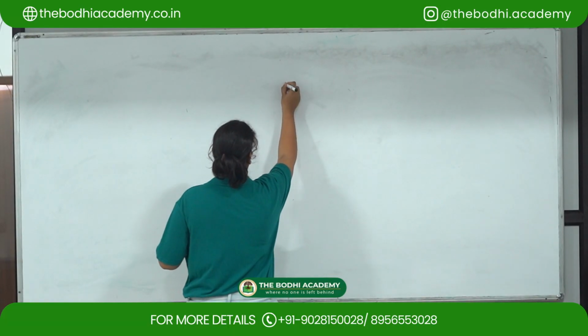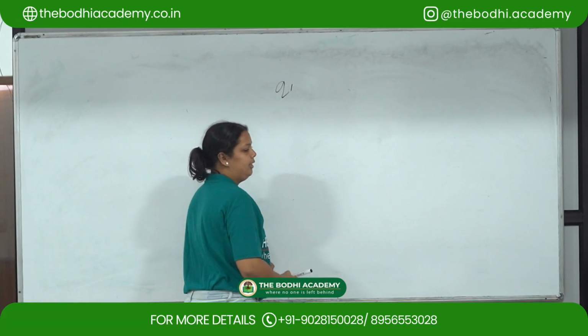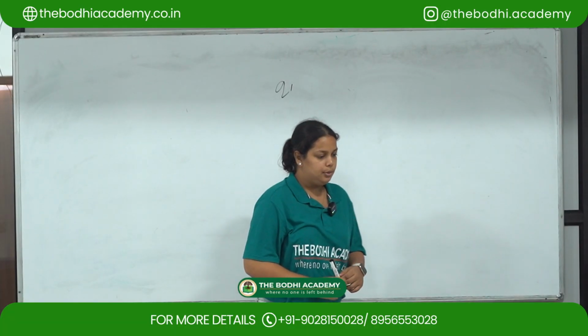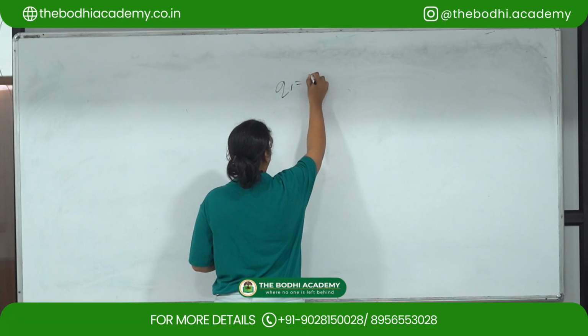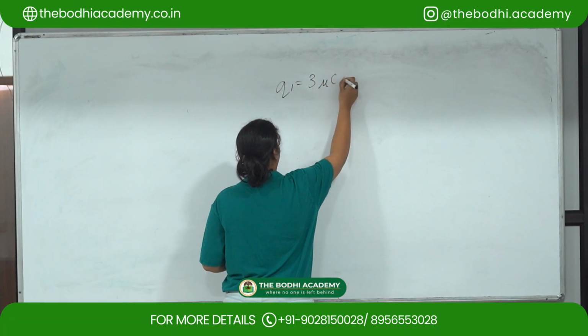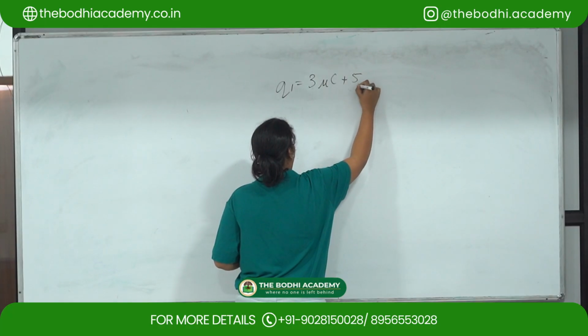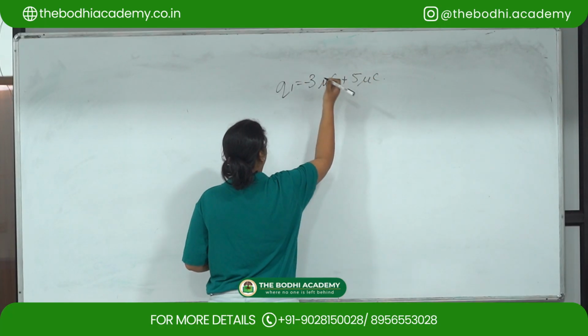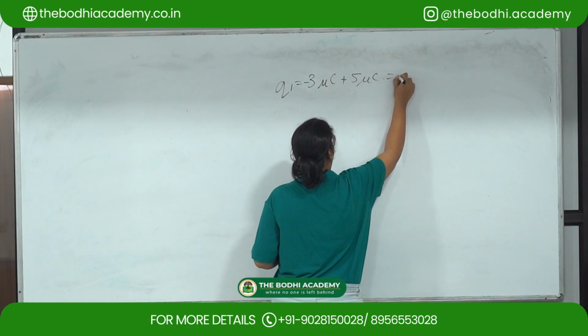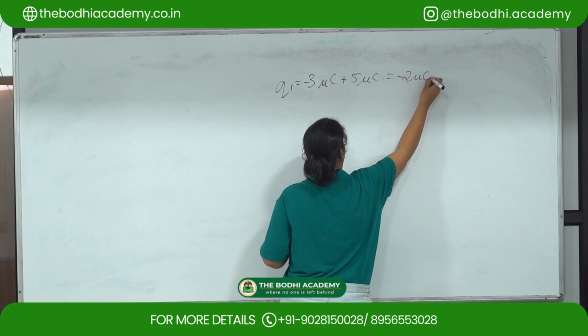So the question says that we will have to add minus 5 microcoulomb. So the first charge will become 3 microcoulomb plus minus 5 microcoulomb. This will be minus 2 microcoulomb.